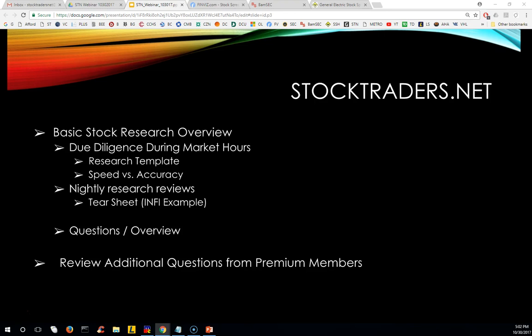During market hours, when we need to find out some information quickly, I call that due diligence. We're trying to learn something about a company that we may or may not have any information on from our past experiences trading. I call this due diligence, and it refers to what we call the research template.